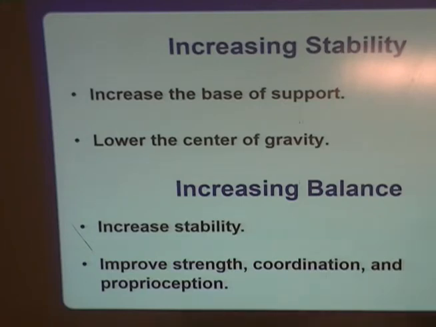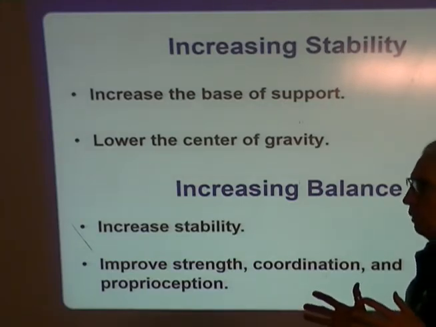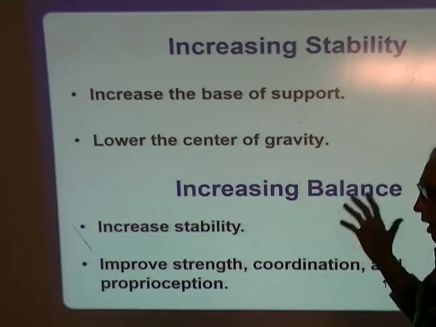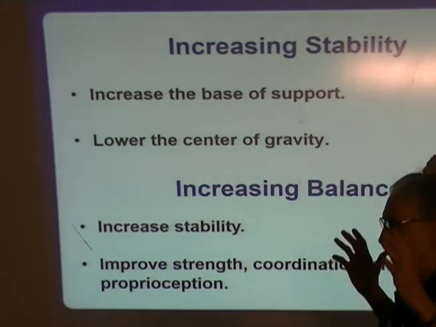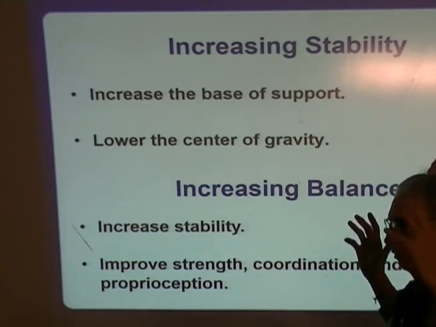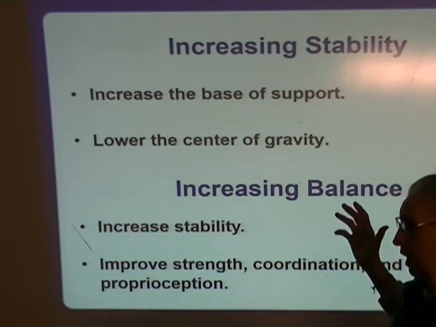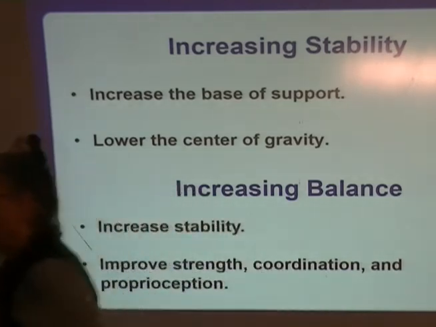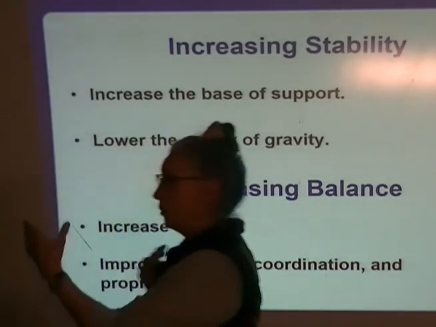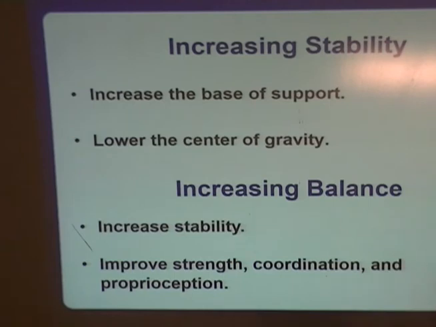If I want to be stable side to side, I need my feet out wide here. I'm very stable side to side, but not very stable front to back. If I want to be stable front to back, I need a split this way. So my base of support has to be wider to provide more stability.